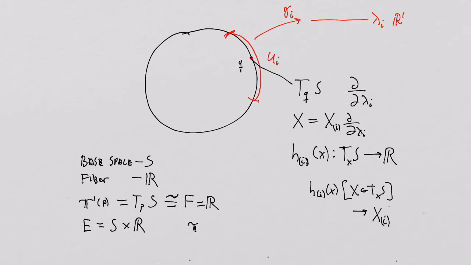And the projection operator, which is a mapping from the total space to S, will take any ordered pair, where the first member comes from one set and the second member comes from the other. So I'm using little x, where a little x is an element of S, and capital X, which is a member of the tangent space, and that just gives you back little x, right?